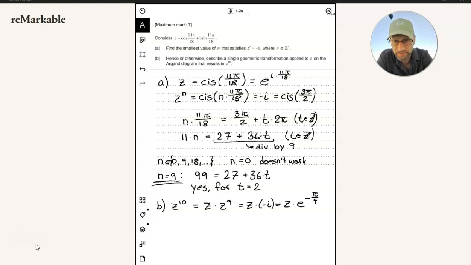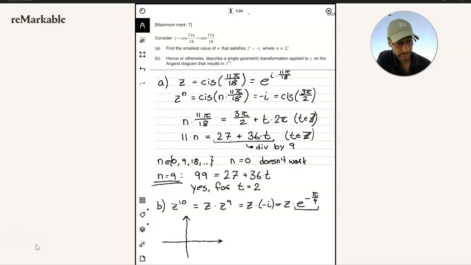When you multiply two complex numbers, you're multiplying their moduli, their lengths, and you're adding their polar angles, their arguments. So this guy has a modulus of 1, so you don't do anything to the modulus.